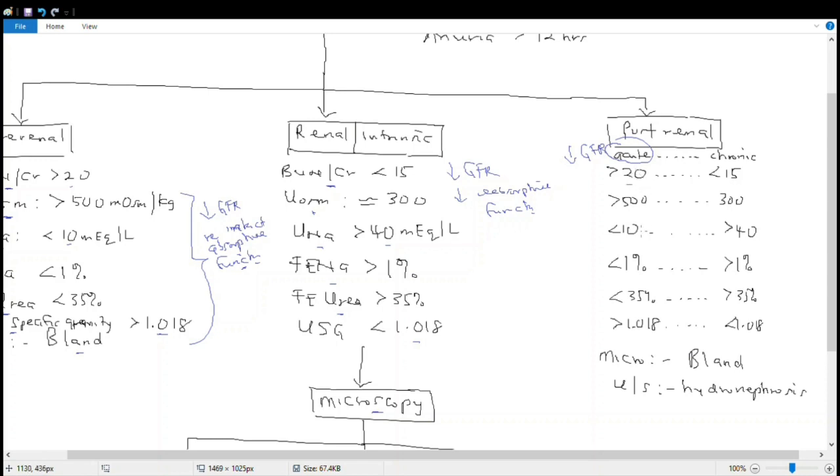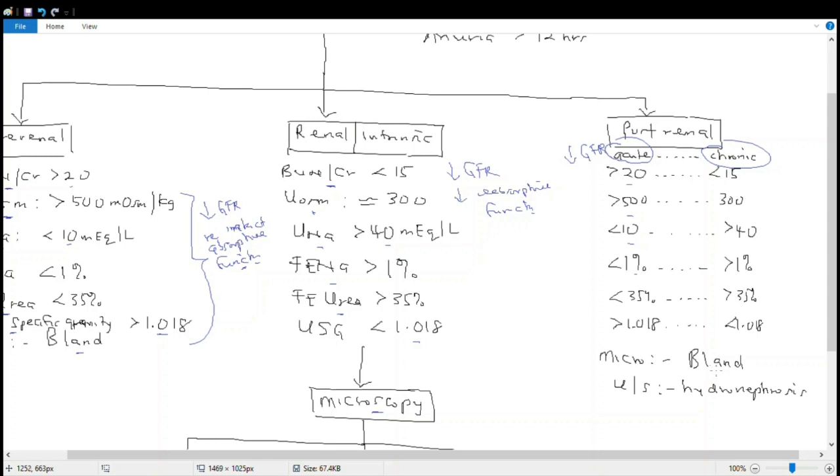So the laboratory findings or urinary indices look like prerenal AKI. But later on, the backup of urine, or urine that is in stasis, is going to damage the epithelial cells. It is toxic to the epithelial cells, so they are going to lose their function eventually, right? And that's going to lead to what? Decreased reabsorptive function chronically, and then the labs will look like somebody with renal or intrinsic AKI.